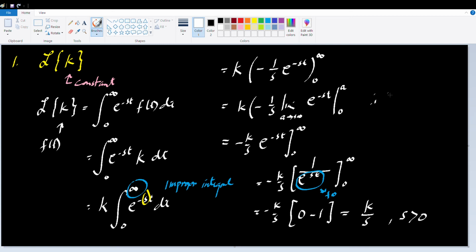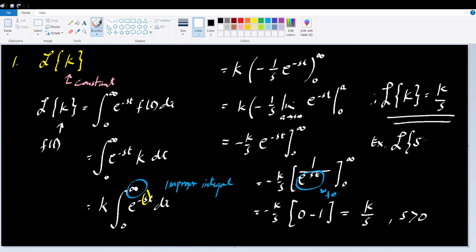So we write the Laplace transform of the constant k as equal to k all over s. So for example, if you want to find the Laplace transform of the constant 5, the answer is simply 5 over s. So the Laplace transform of pi is just pi all over s.